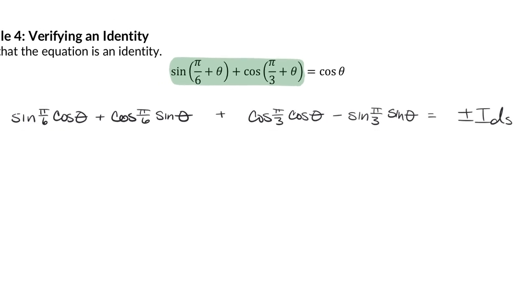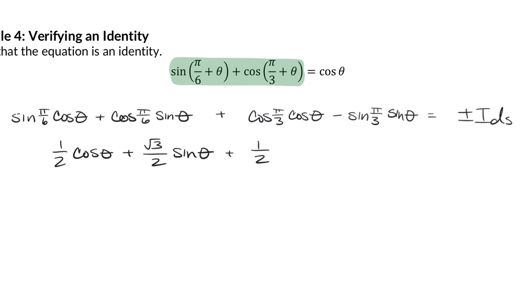There's a whole bunch of angles plugged into trig functions. Look at your unit circle. What is the sine of pi over 6? 1 over 2, so then I have 1/2 cosine of theta. What is the cosine of pi over 6? Square root of 3 over 2 times the sine of theta. And then I have cosine of pi over 3.